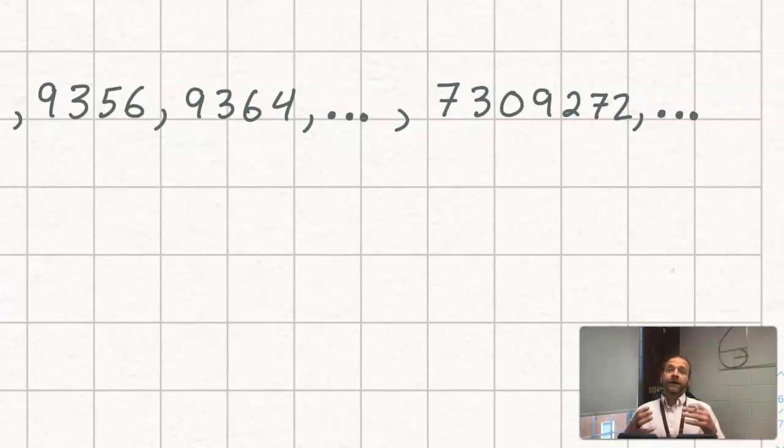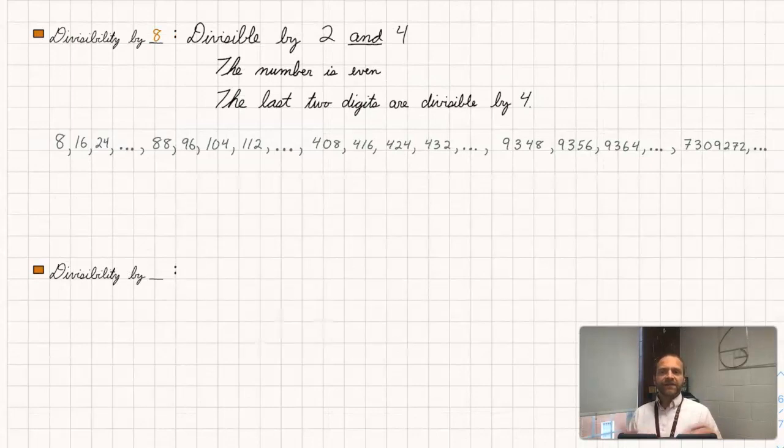So therefore, 8 is a factor of 7,309,272, or 8 goes into 7,309,272, or 7,309,272 is divisible by 8. It was just fun to go through that rant. So, that one's divisibility by 8.